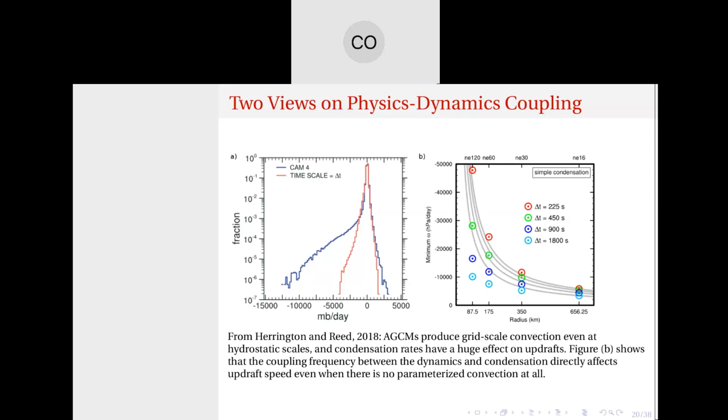And so it produces these weak, I shouldn't say weak, I should say it does whatever it can at near the truncation scale for the grid. So this is an idealized test without parameterized convection.